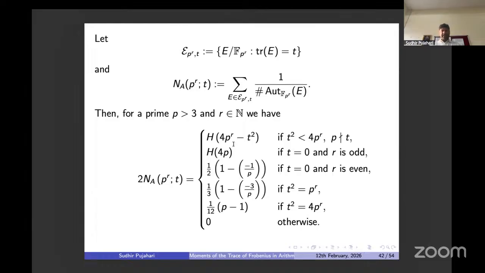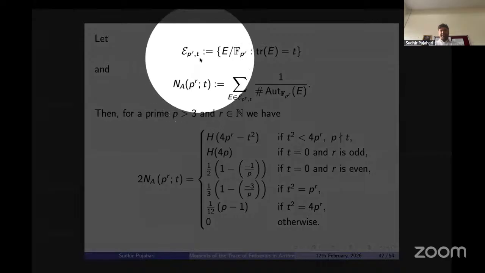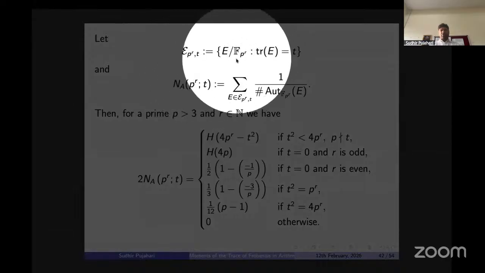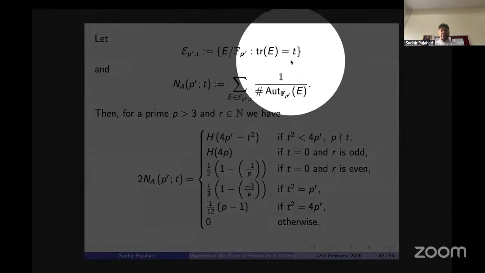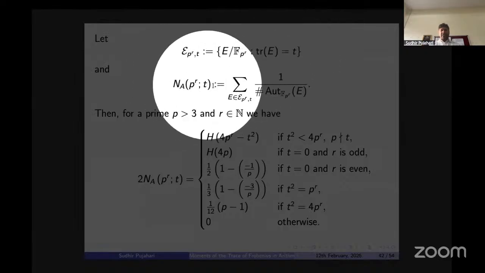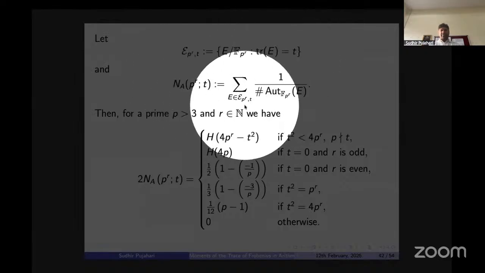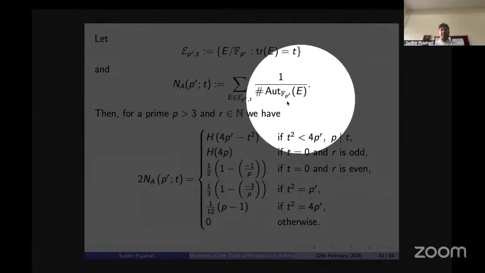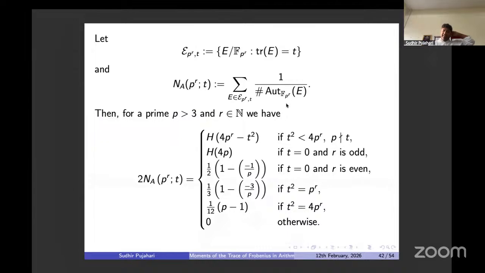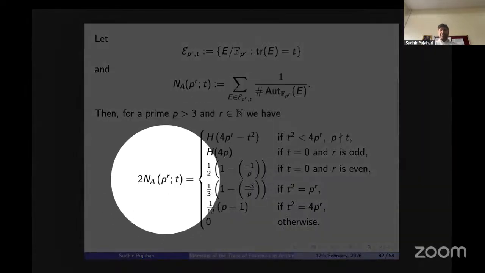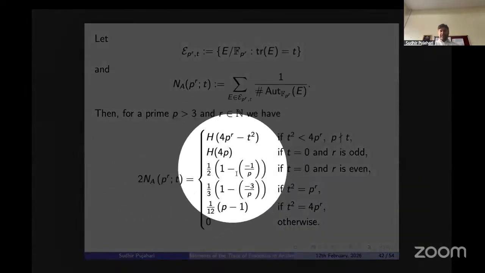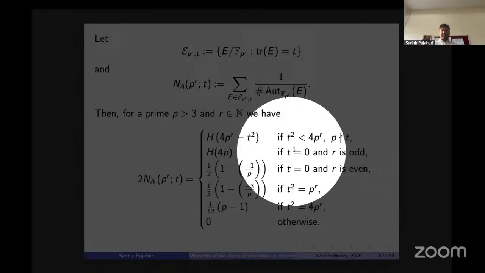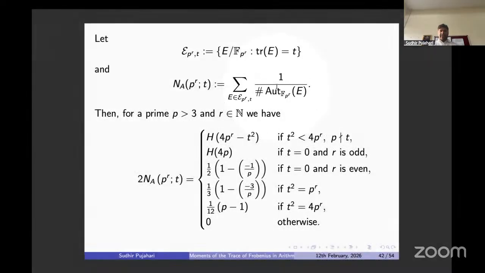So if script E_p^{(t)} is the collection of those elliptic curves such that the trace of E equals t, and N_p(t) is precisely the sum over E of 1 by the number of automorphisms of E over the finite field, then 2N_p(t) can be written precisely in terms of the Hurwitz class number.